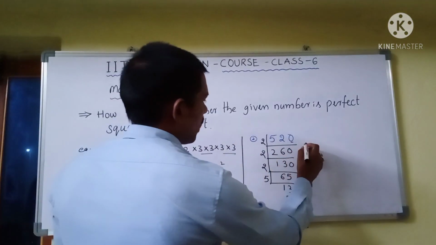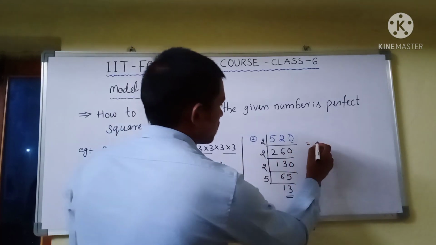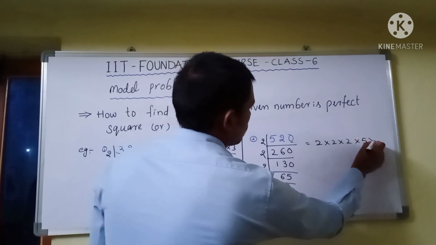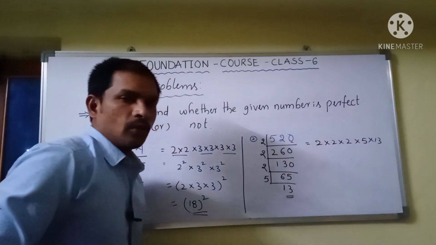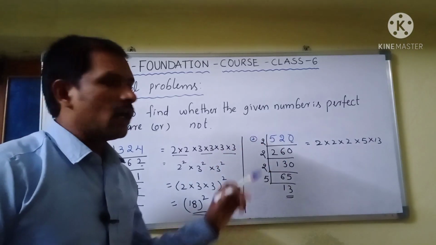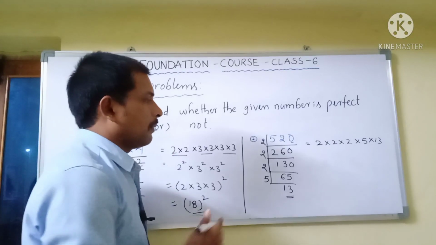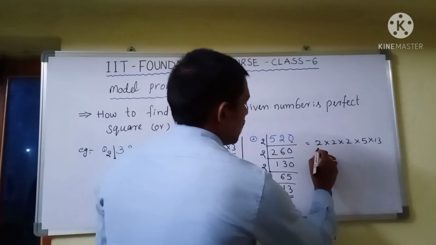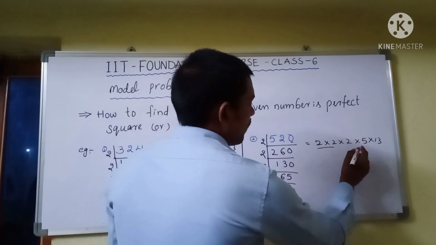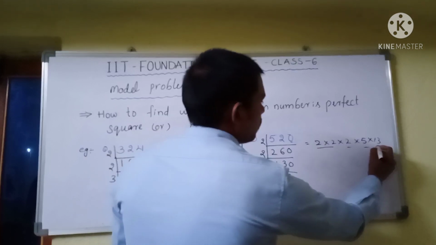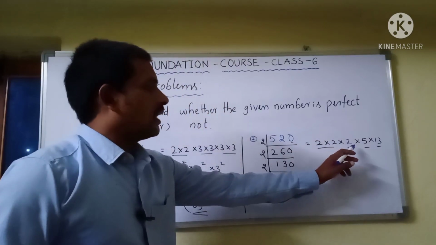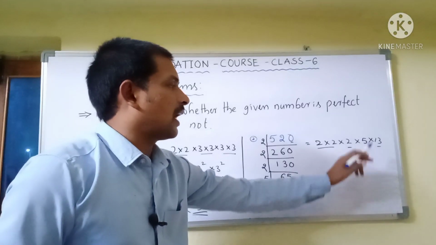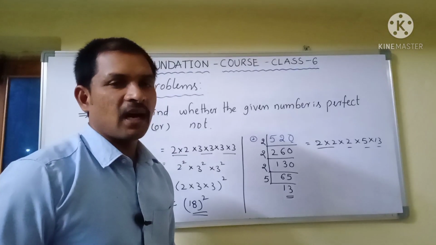Moreover, if you observe the factors, they are 2 into 2 into 2 into 5 into 13. If you want 520 to be a perfect square number, all the factors should form pairs. Here 2 and 2 make one pair, but individually there are 2, 5, and 13. For 2 another pair is not there, for 5 another pair is not there, and for 13 also another pair is not there.